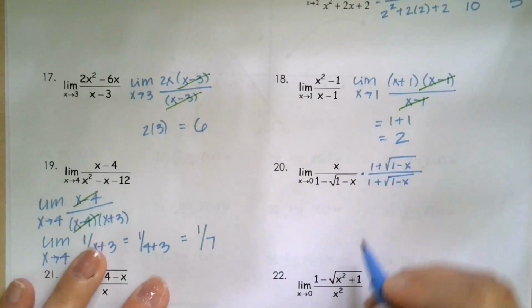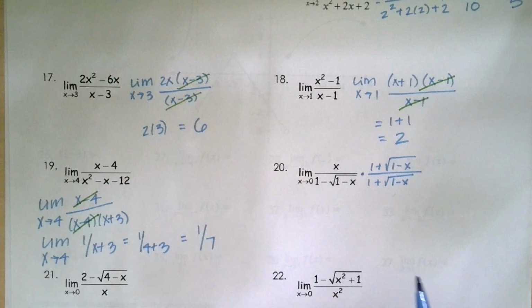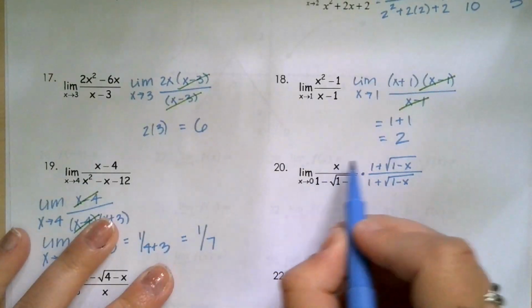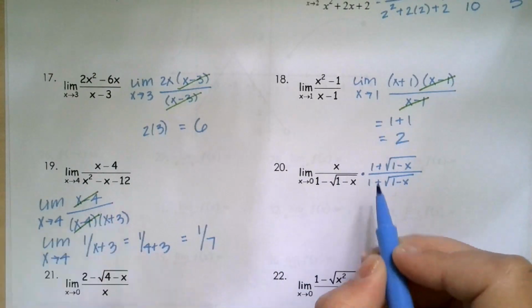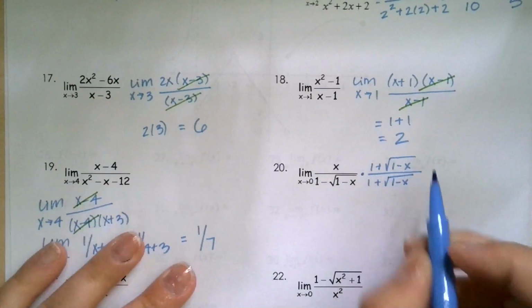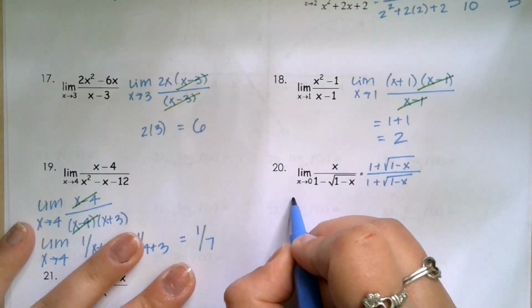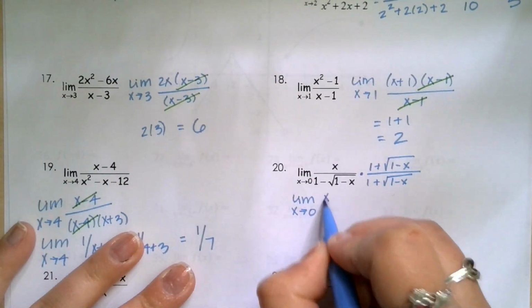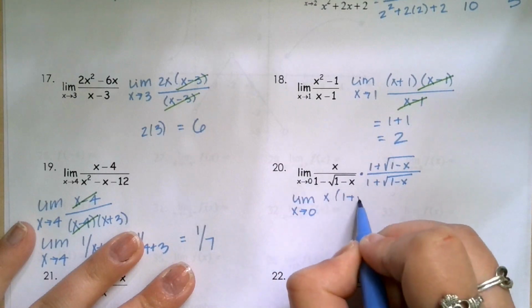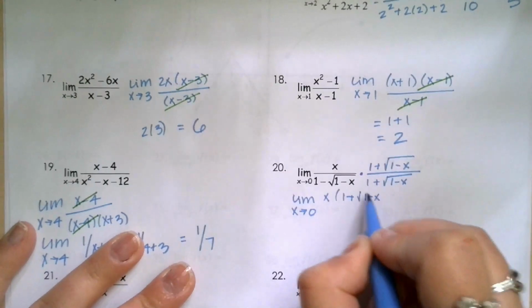Okay, so now we are going to go ahead and multiply them. So top, I always say leave it as is. So if you're not multiplying the two square roots together, leave it how it is, okay? Because things are going to cancel. So this gives us the limit as x approaches 0. Up top, we just have x times 1 plus the square root of 1 minus x.